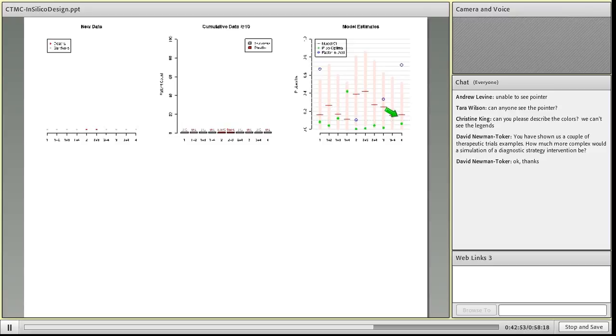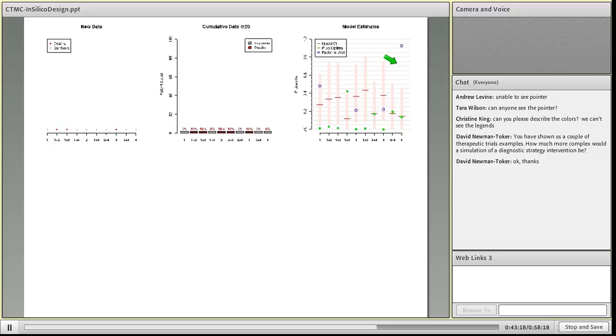Blue is the probability that that component is part of the optimal therapy. So the green ones are going to add to 1. The blue ones are going to add to more than 1 because 3 and 4 could be in the optimal therapy together actually. We then use these probabilities in green to randomize the next group of patients.